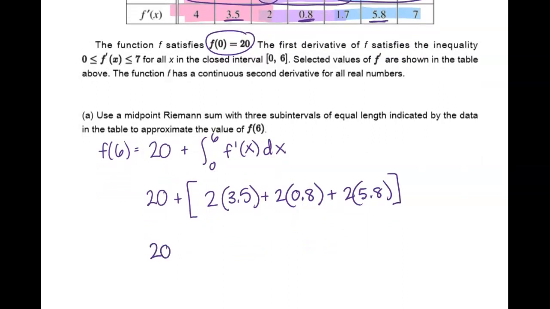So we'll have 20 plus 2 times 3.5 is 7, 2 times 0.8 is 1.6, 2 times 5.8 is 11.6.